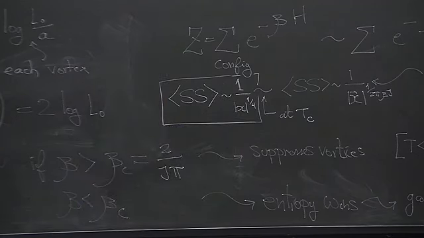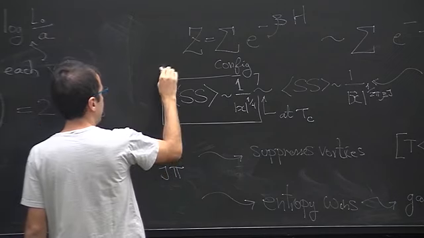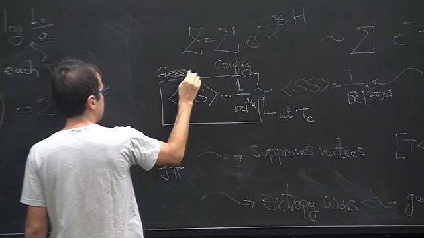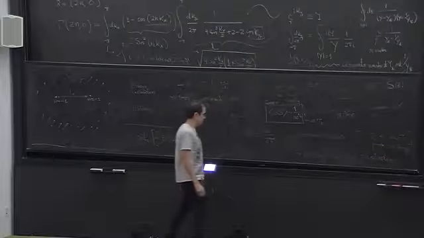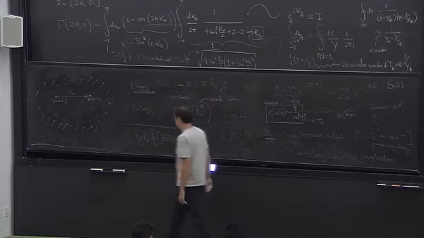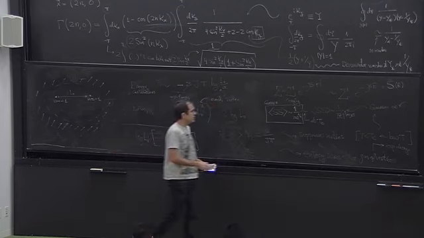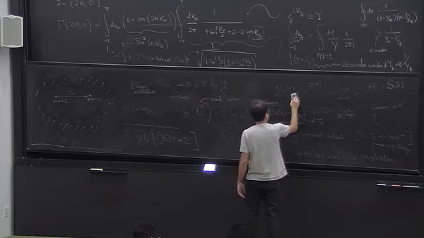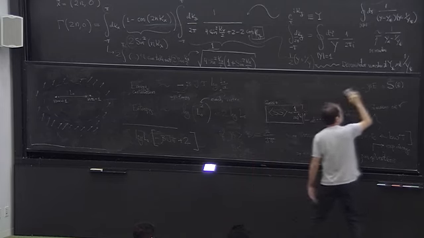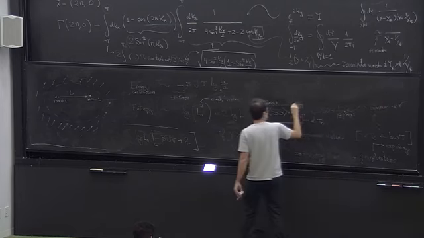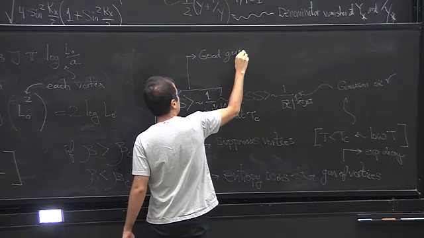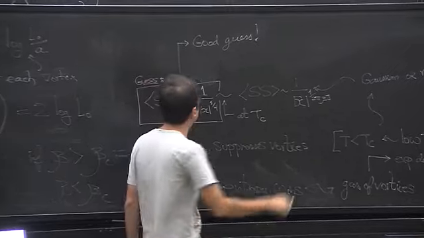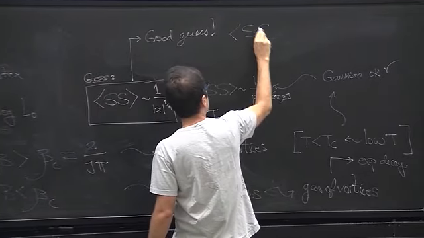So this would be, just based on this hand-waving argument, a guess that at the critical temperature, this would be the behavior. And we are going to see in 2 lectures, if we are lucky, that this guess is not bad. It's a good guess.